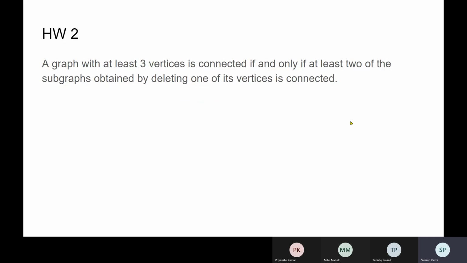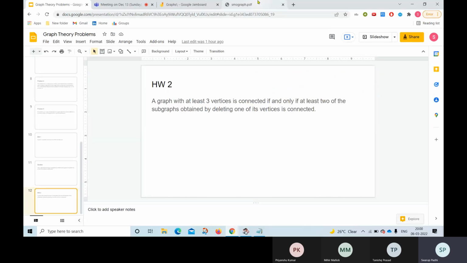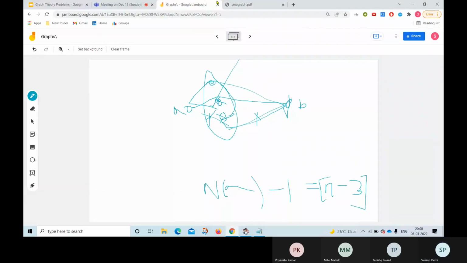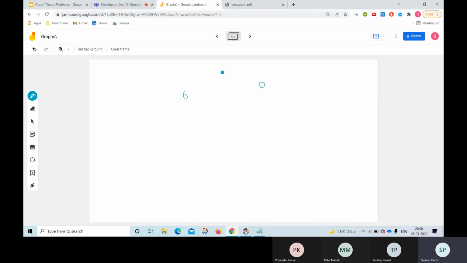If you delete a vertex, you obtain subgraphs, and you have to prove that they are connected. Suppose you have this, and you have this vertex.